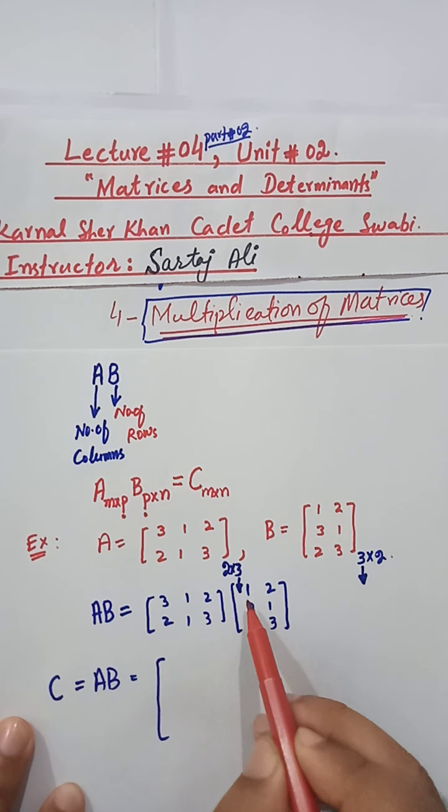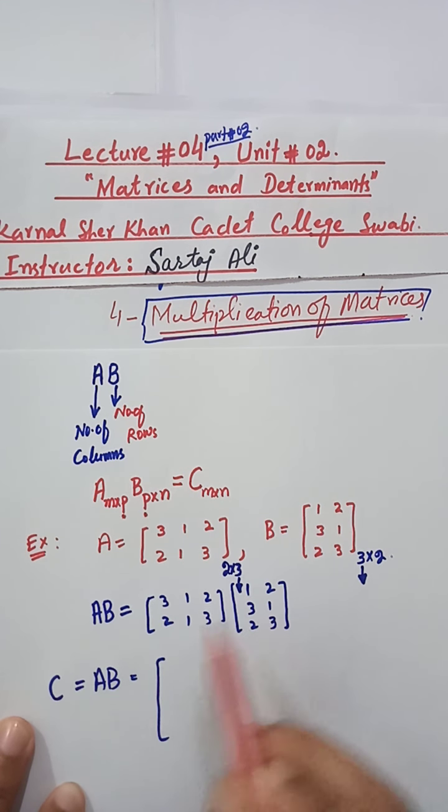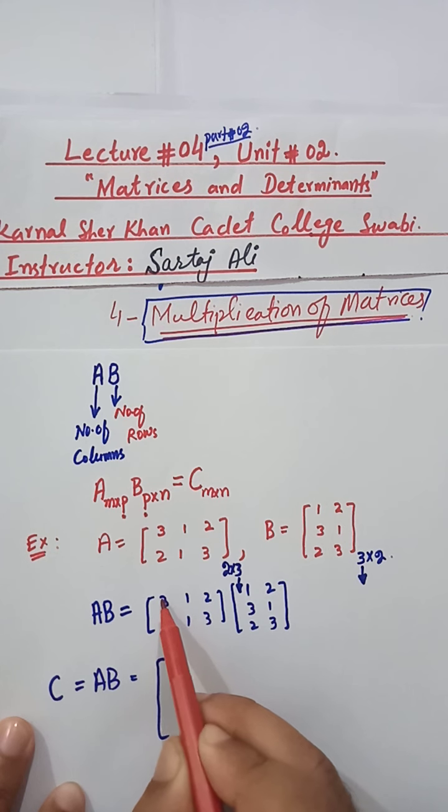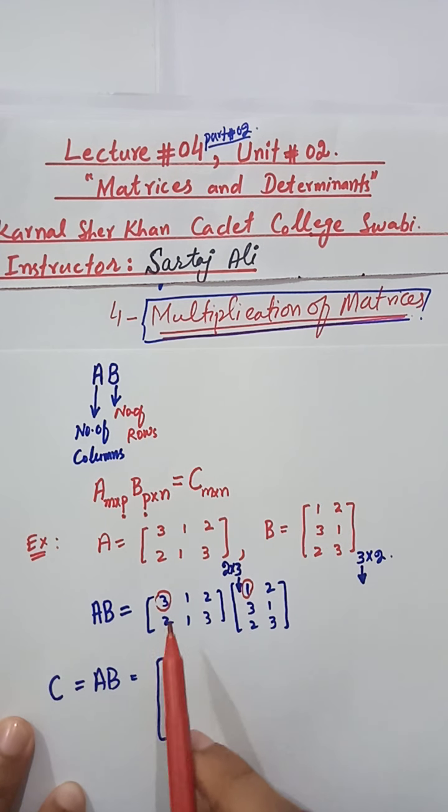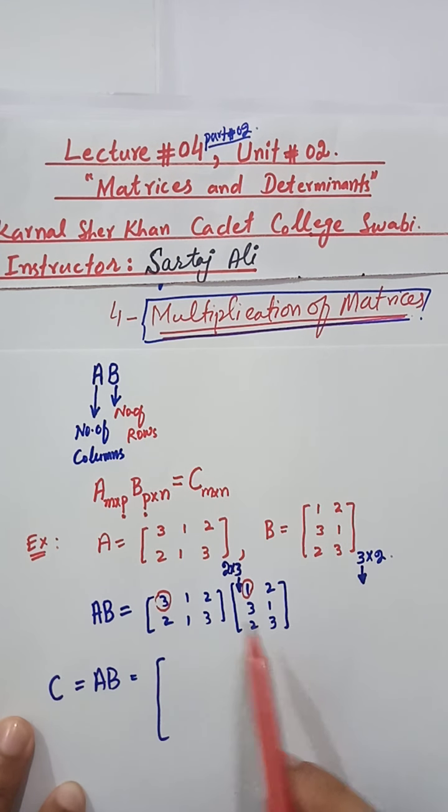So this element will be multiplied with this one. This is the first element of the first row and this is the first element of the first column. First you will multiply the first row with the first column, then multiply the first row with the second column.